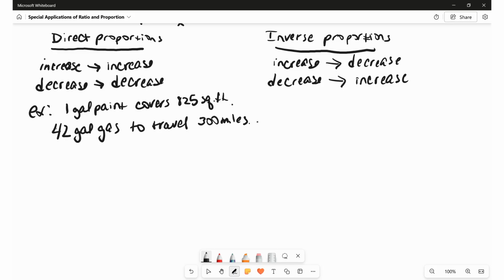Well, again, in this scenario, if you travel more miles, you're going to need more gas. Or if you have more gas, you can travel more miles.